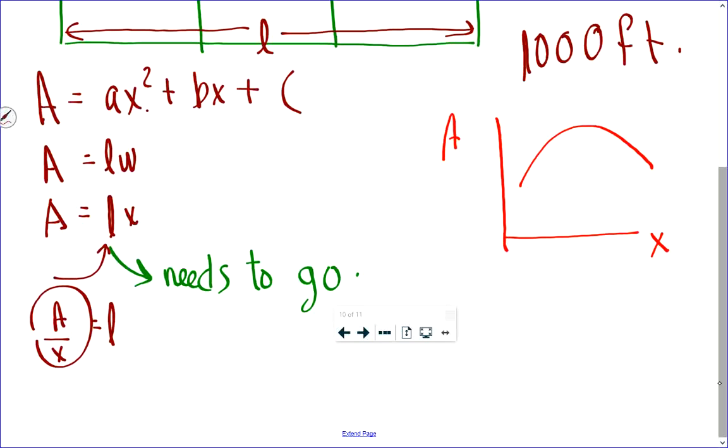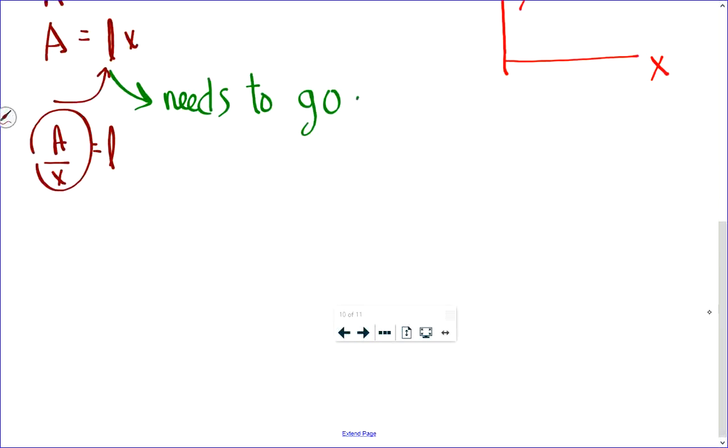But what happens if I put that in for L? And you're not writing this down because it won't work. What happens is you're going to get your A equals L, which is A over X times X, and the X's cancel, and you've come up with, although true, not a very helpful statement in this problem. You've figured out that area equals area.